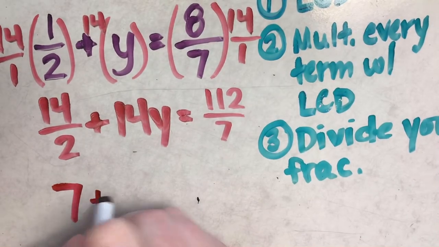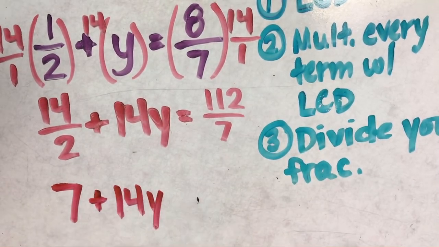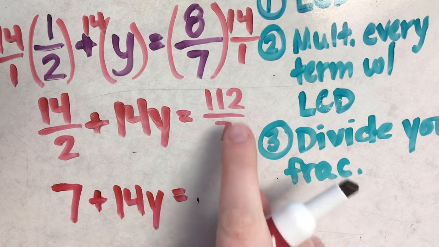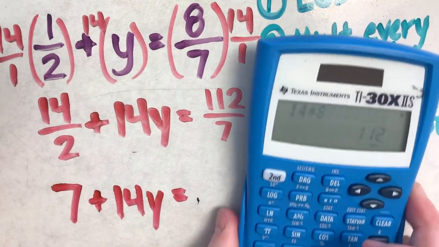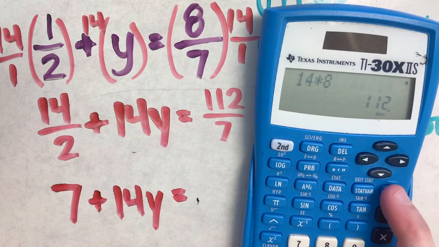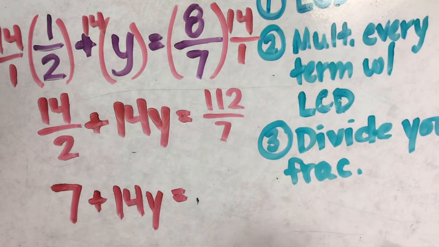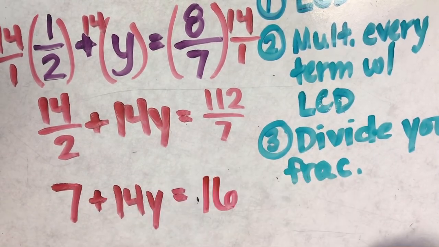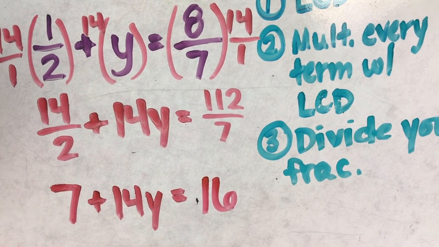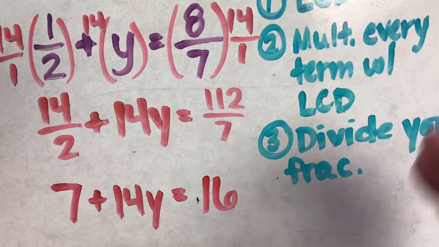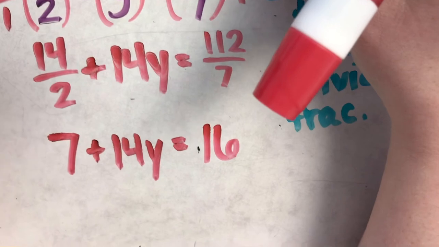Then we've got plus 14y. I'm just bringing it down. And then 112/7. If we type this in our calculator, it should give us a whole number. 112 divided by 7 gives me 16. Once I've gotten to this point, I'm not done completely, but all of my fractions are gone. And that's the whole point of fraction busting.